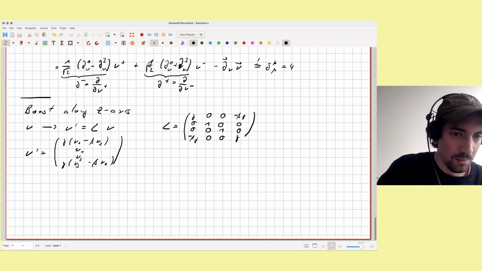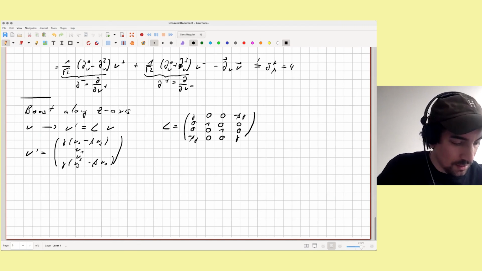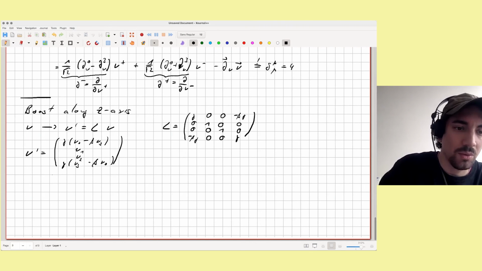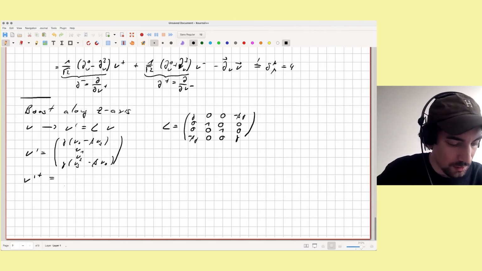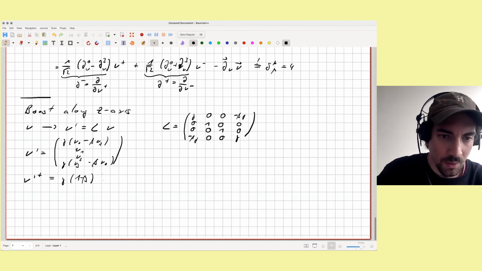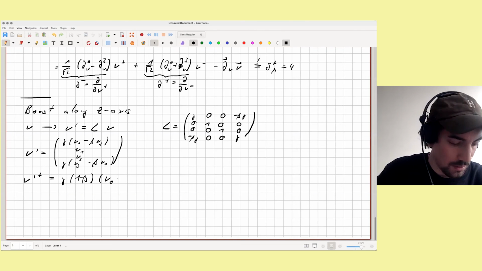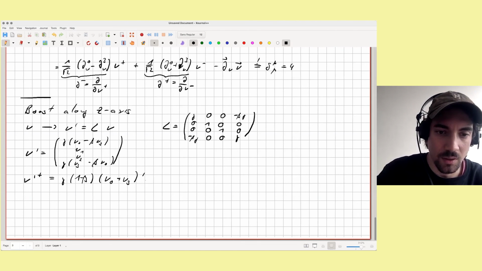And we can then from those compute the plus and minus components of this primed vector. That's then just gamma times (1 minus beta) times (v naught plus v3) over the square root of 2.